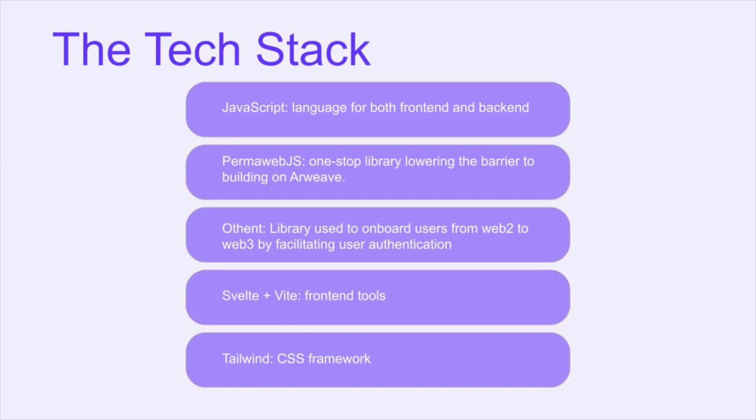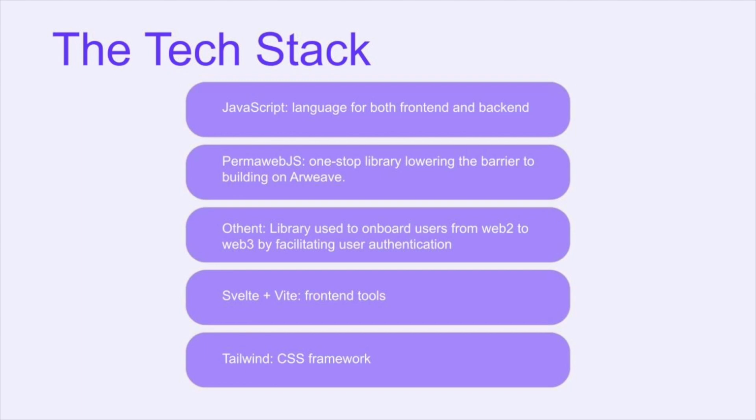Another library, Authent, will help us seamlessly onboard users from Web 2 to Web 3 by facilitating account abstraction. We will use Svelte and Vite as the framework tools for a seamless development experience to create lightweight applications with optimized performance. And lastly, Tailwind CSS will be the CSS framework that will enable us to apply visually appealing styles and enhance the overall user experience.